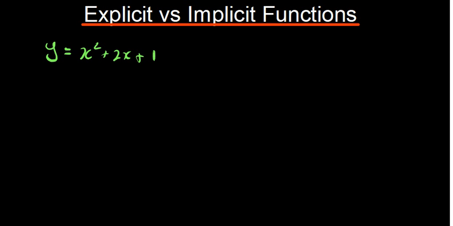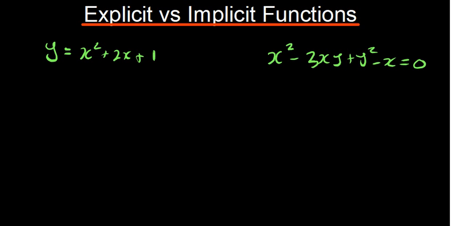Okay, then let's say we also have something like x squared minus 3xy plus y squared minus x is equal to 0.